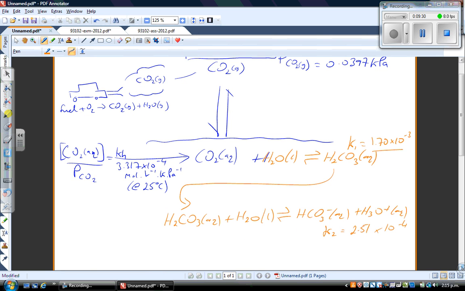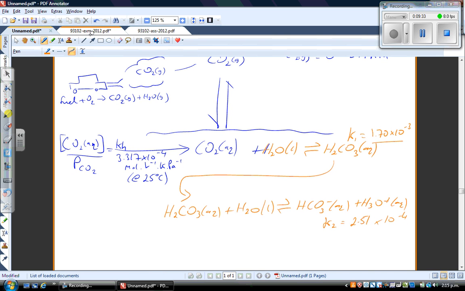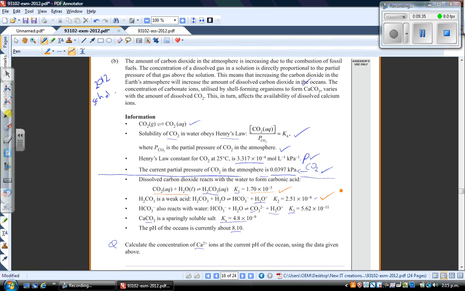And the story continues. Back to the exam question. So we've accounted for that situation. Then the hydrogen carbonate reacts with water to form our carbonate ions plus hydronium ions again, and we have the equilibrium expression for that third equation.